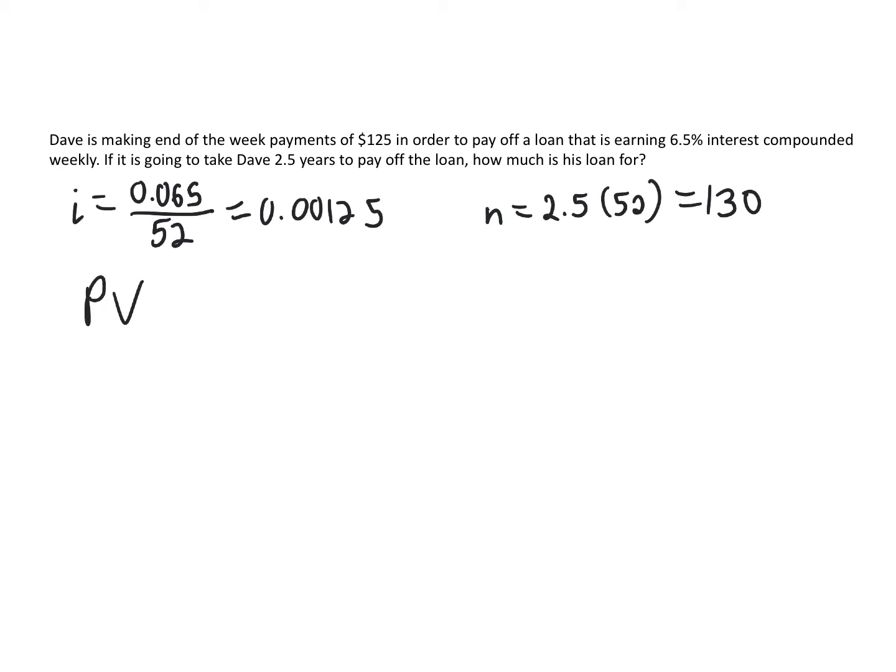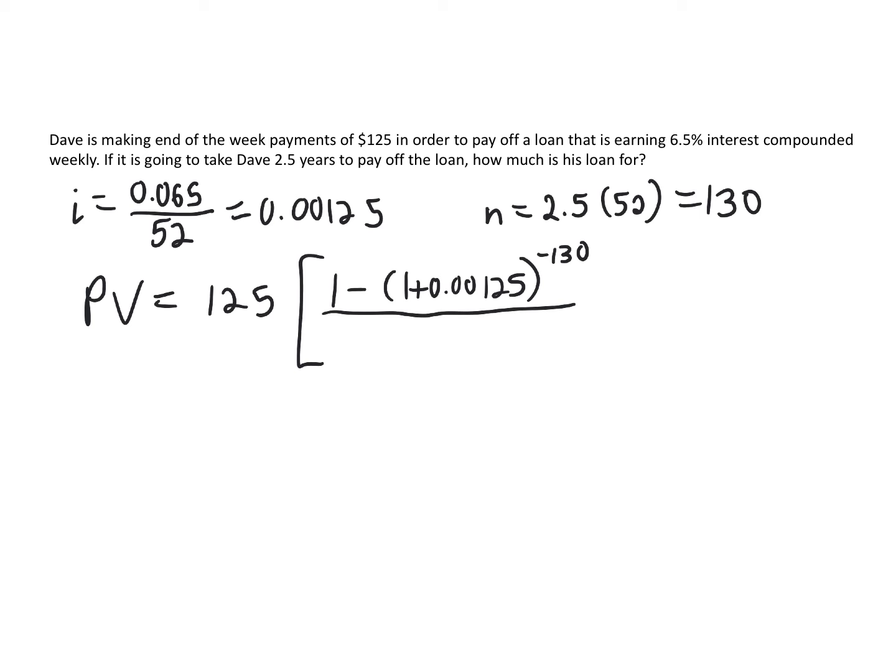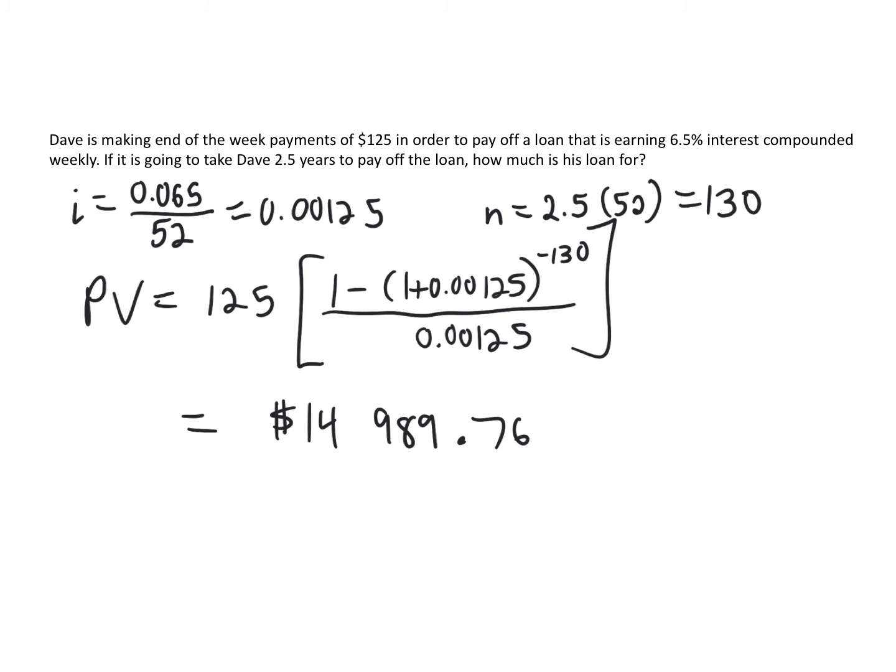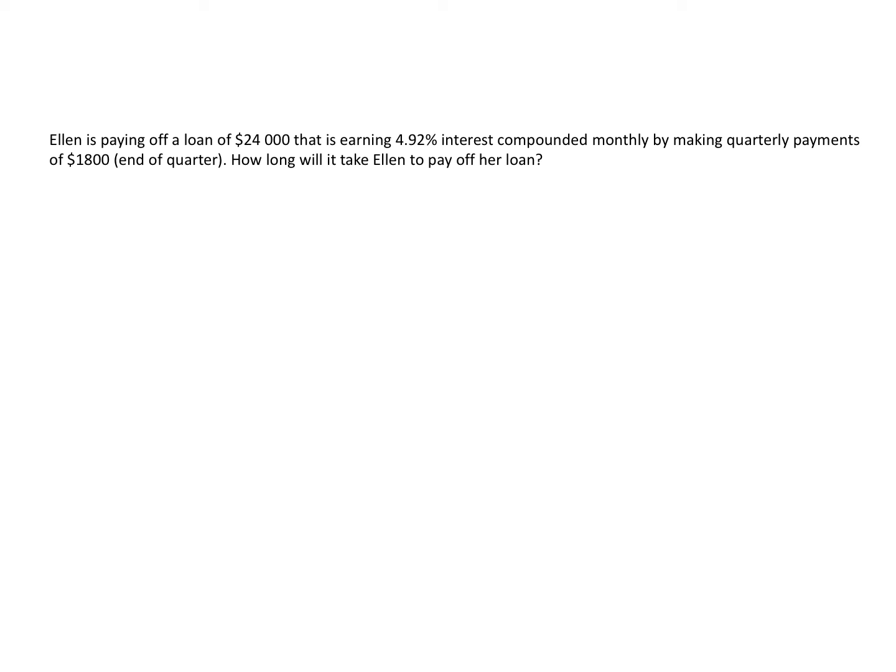We're looking for present value. Calculate this out. And his loan was for $14,989.76.